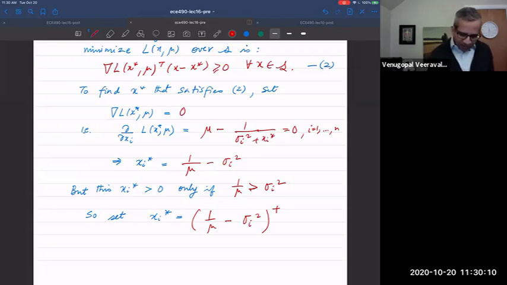So this is our guess, a good candidate for a possible xi star. Now we have to verify that this candidate satisfies equation 2. That's not that hard to check, so let's do that.